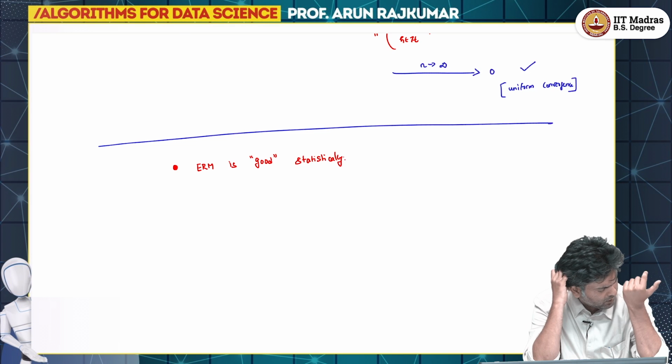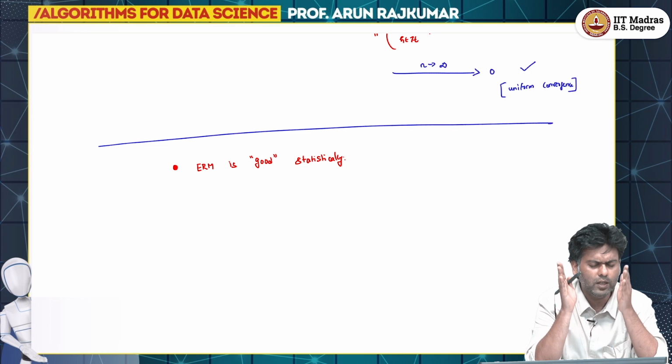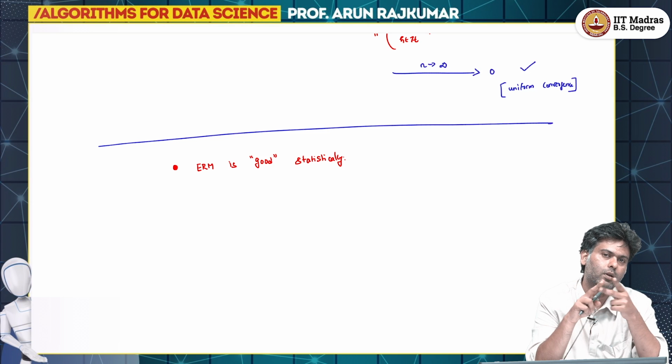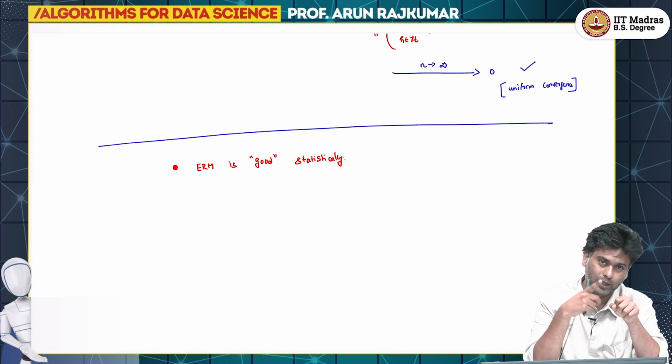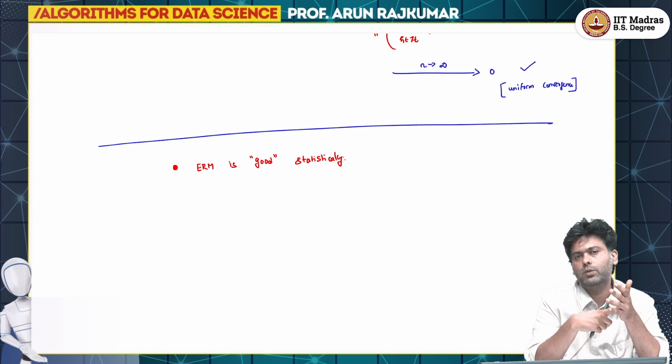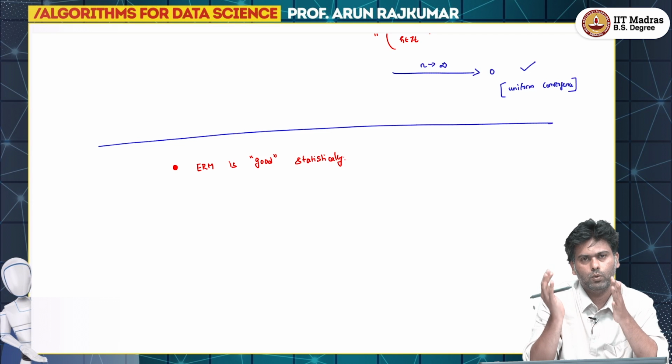That is, if I blindly find that classifier which minimizes the train error, then as I get more and more data, two things are going to happen. One, the train error of the ERM is going to get closer and closer to the test error of the ERM, and the test error of the ERM is going to get closer and closer to the best possible test error in H. That is precisely what we are saying.